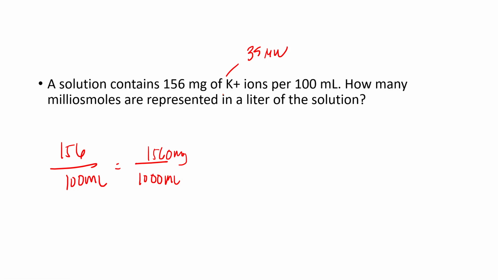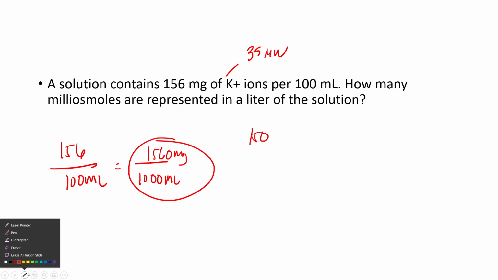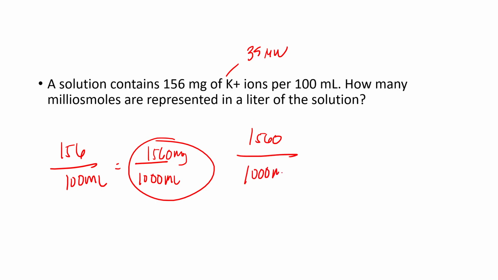Now, this is the concentration we have, but this is in milligrams. Let's convert 1560 milligrams per 1000 ml into millimoles. Let's divide by molecular weight, and we would get millimoles.